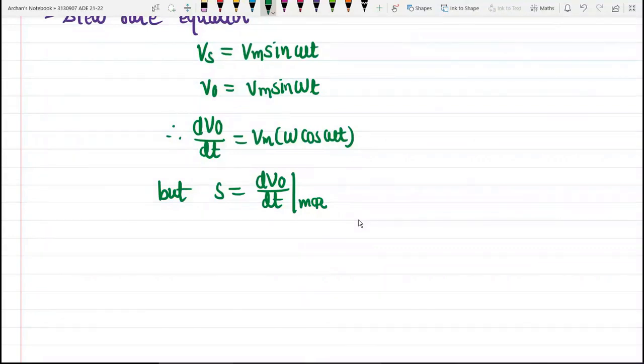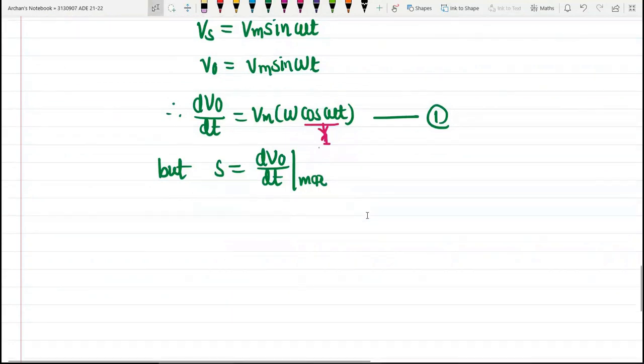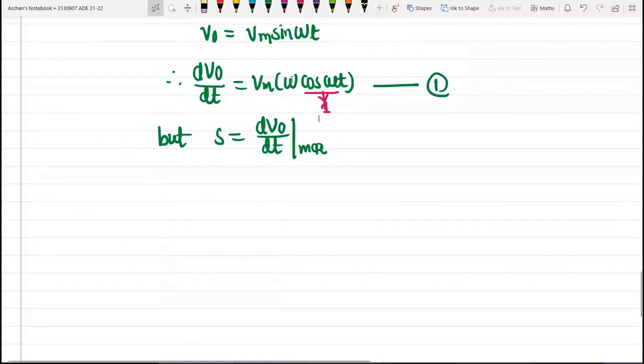If we look back at this equation, we will call it equation number 1, right? So this equation 1 will have its maximum value when this parameter cos omega t is equal to 1. Okay, so we are left with this Vm omega. Okay, so this is what we require.